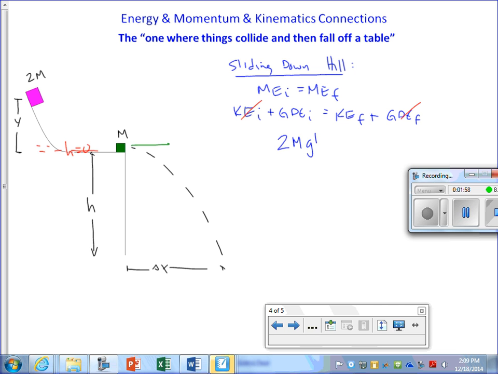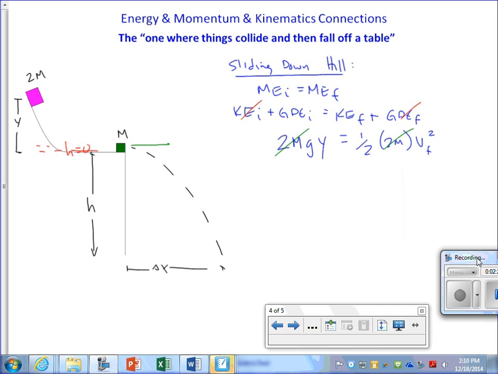2m g, whoops, not h, just y. mgh is really 2m, that's our mass, g, and what we're calling y, equals 1/2 2m v squared. Well, notice the 2m's don't matter.